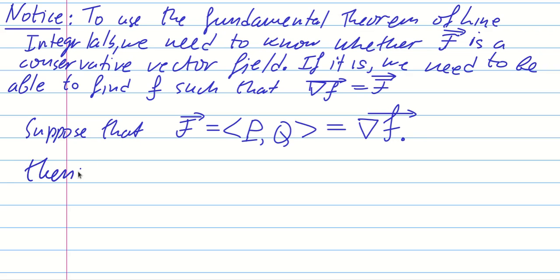Then we can think like this. We can say that P has to equal the partial derivative of f with respect to x, and you can notice that Q has to be the partial of f with respect to y.